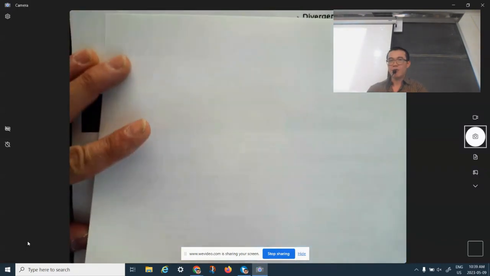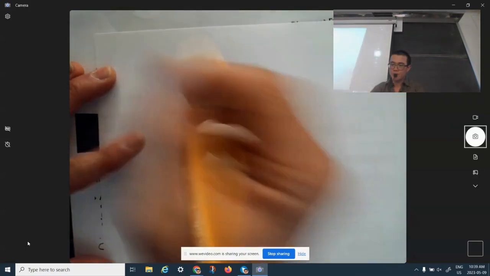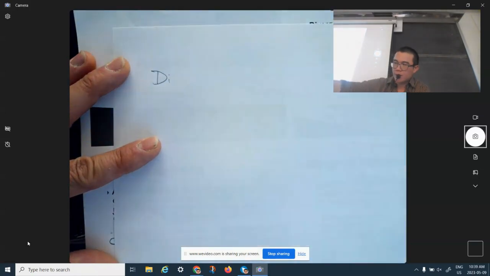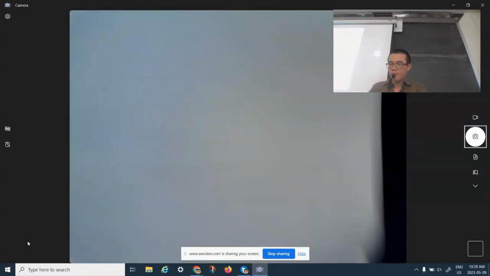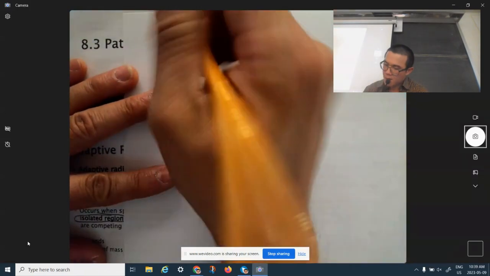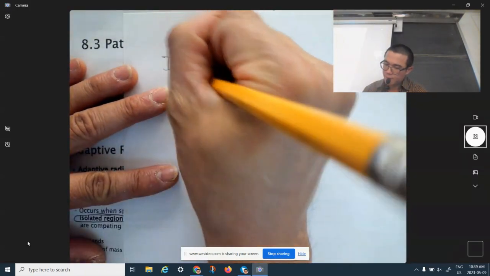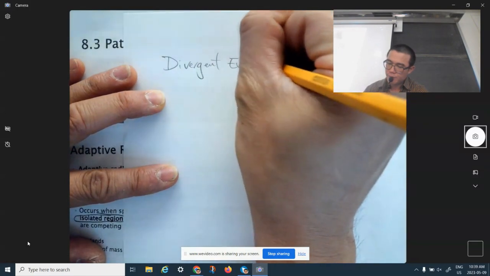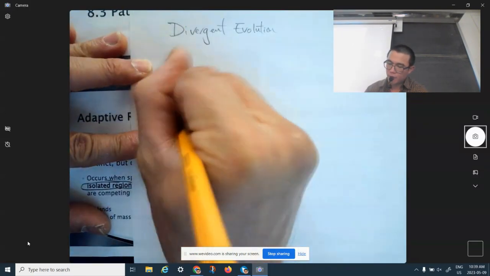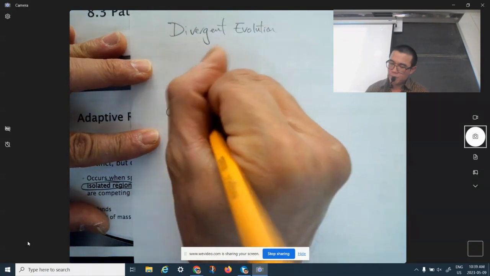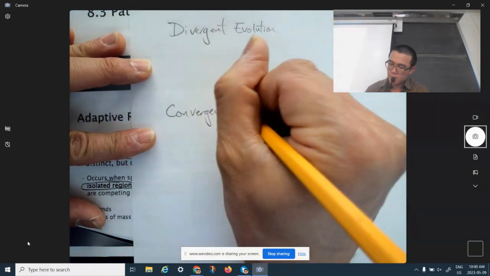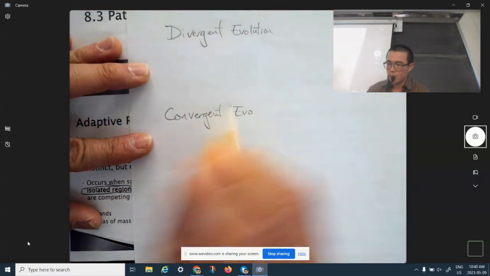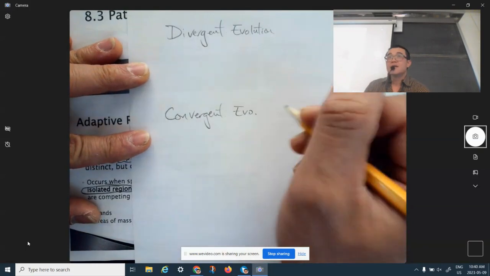In some ways, if we want to think of these 3 patterns, you can get a blank piece of paper, or you can just use the back, either is fine. Divergent evolution, convergent evolution, and evolution.